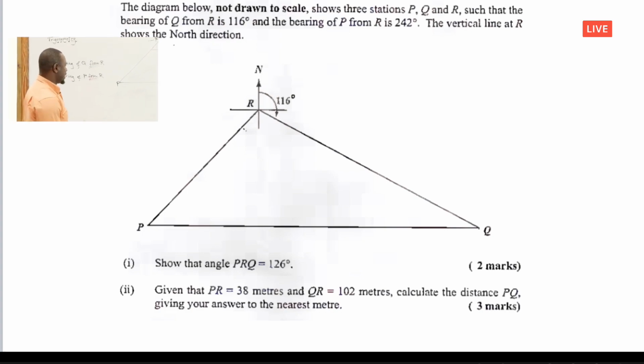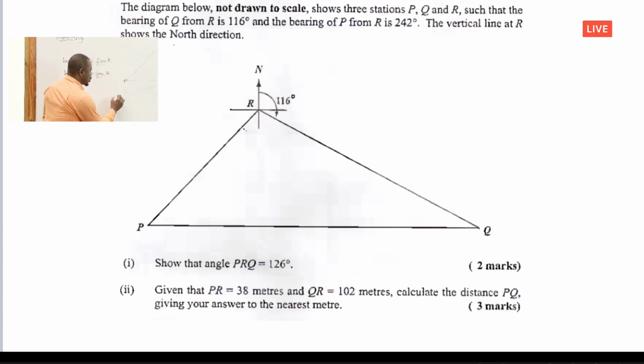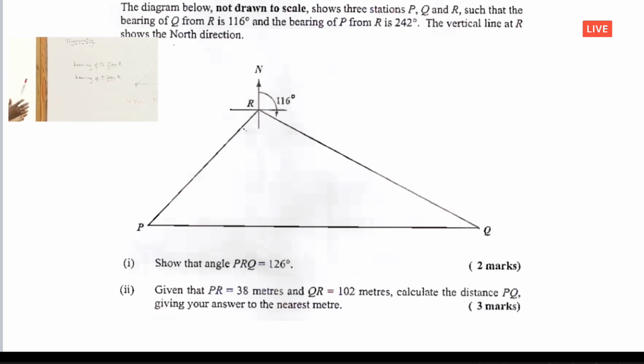If you go through the question, the first question is asking us to show that the angle PRQ is actually 126 degrees.